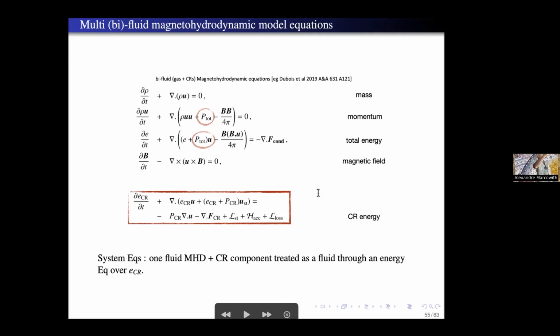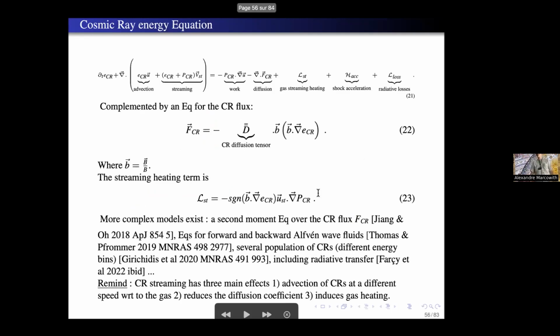So basically, you have the transport here, the diffusion. Here you have the work done by the cosmic ray pressure, and you have a series of terms you have to include. So this is complementary physics you have to rely on in order to properly calculate this energy density in cosmic rays. And this is not easy.